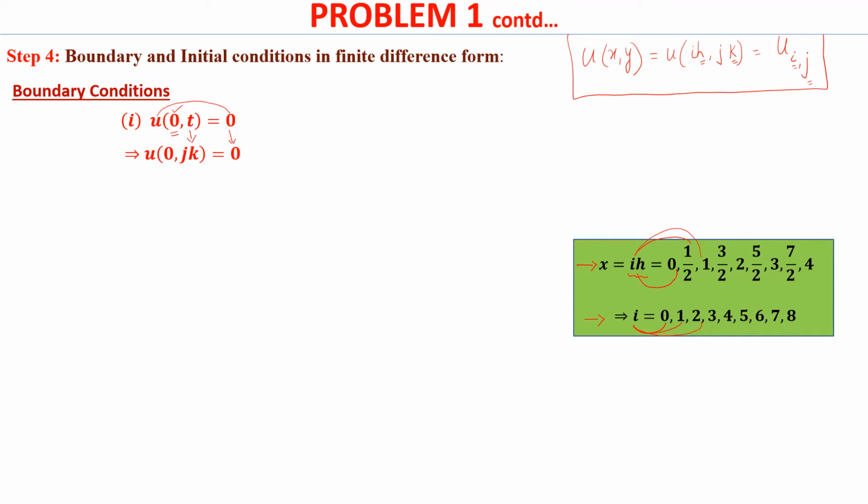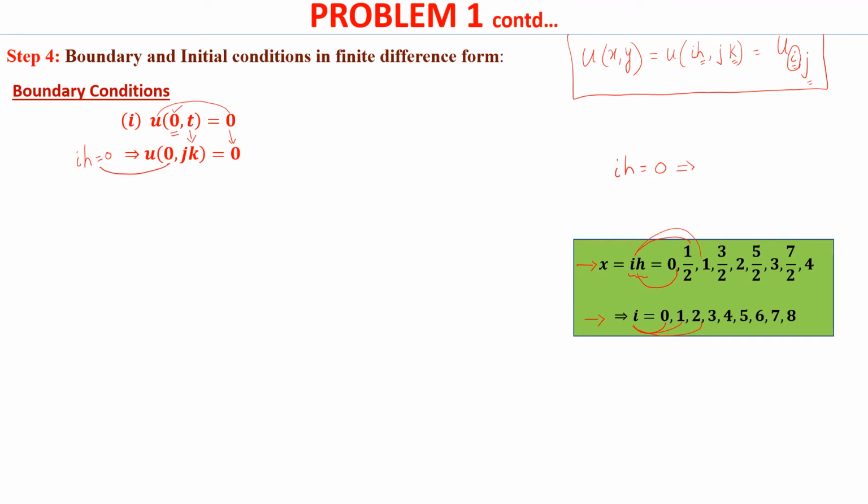Now we have to replace, as I said, the coefficient of h, which is I, should be written here. That means the value of I should be written as the first suffix. What is the value of I? What is this position actually? This position is for IH. So IH takes the value 0. What is the value of I when IH is 0? Can you tell me looking at this green block? IH is 0.